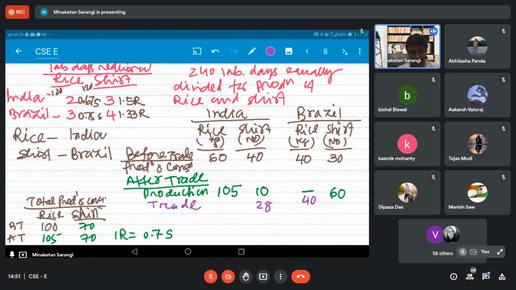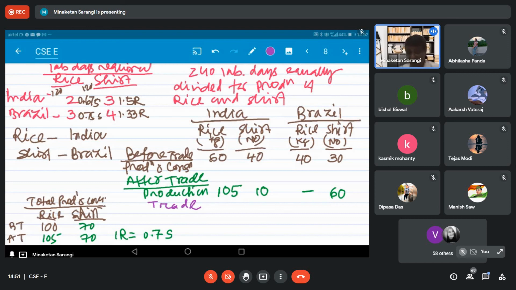So the minimum consumption of rice by Brazil will not help India to get this sat if the rate of exchange is 1 R equal to 0.7 S.